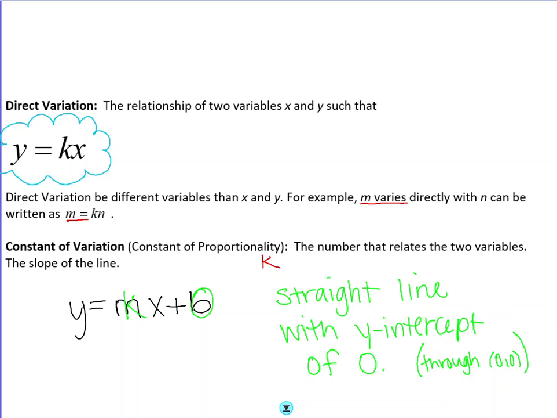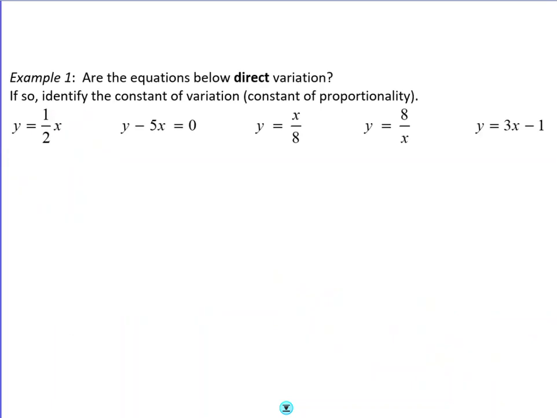Let's look at a few examples. First, we want to know if each of these equations represents direct variation. If it does, we need to say what our constant of variation, or what k, is. So if we look at our first example, we have y equals 1/2 x.